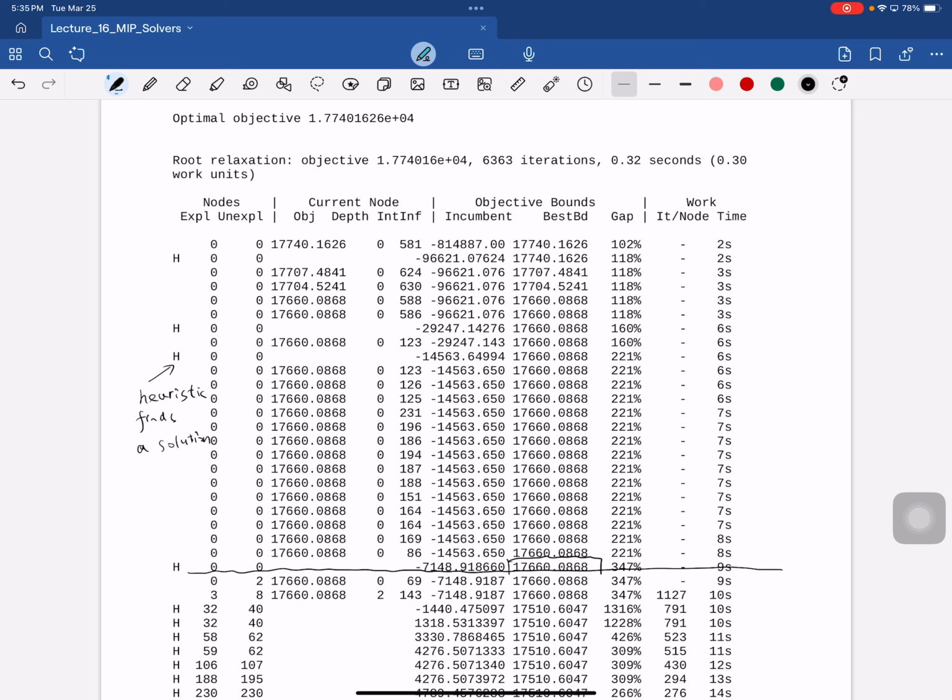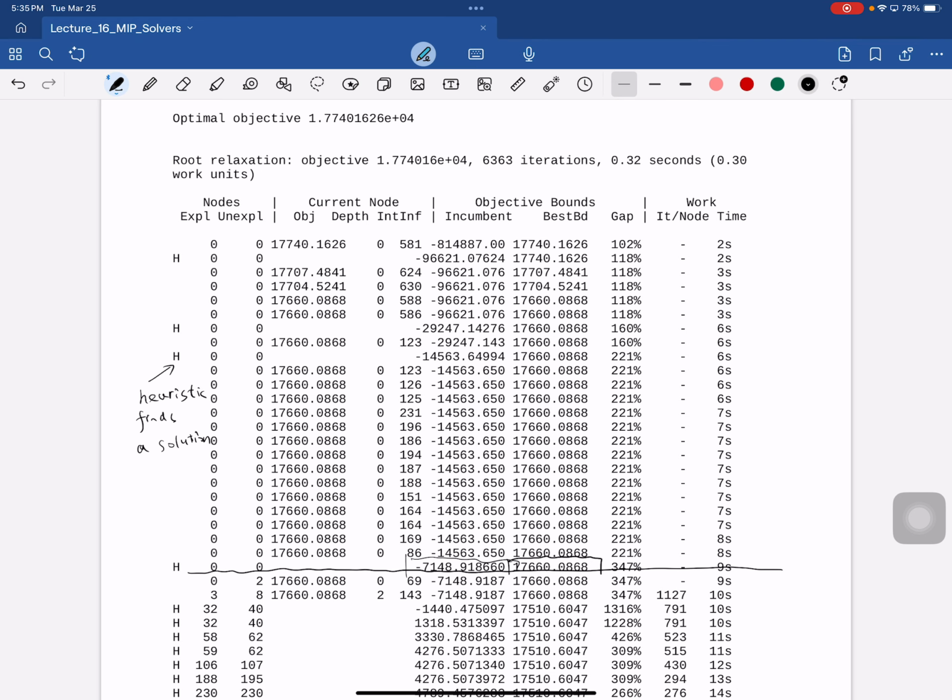Because here, as you can see, the feasible solution at the root node is very bad. Then you should spend more effort on trying to design some heuristic to help the solver find a good feasible solution, if the bound is already pretty good at the root node. On the other hand, for some of the problems, maybe the solver already finds the best solution at the root node, and then the rest of the time is spent on branching.